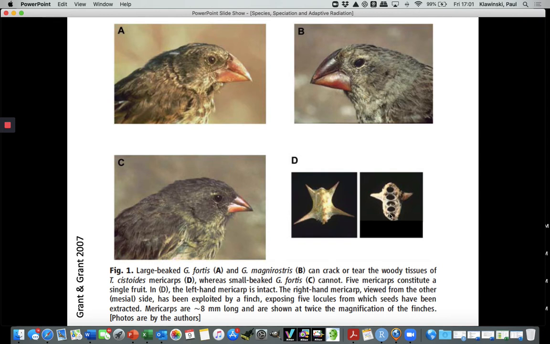And the ability to gain access to these seeds is crucial to their survival. And so what has happened over time is that different species of finches have evolved different beak morphologies that allow them access to different parts of the community of seeds that are out there on the landscape in the Galapagos Islands.